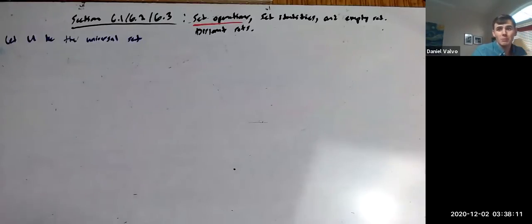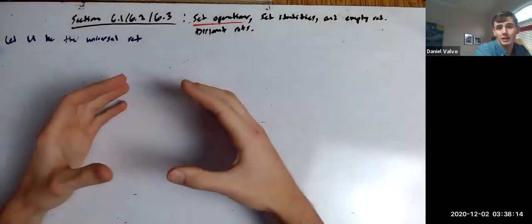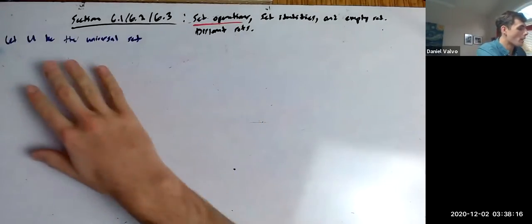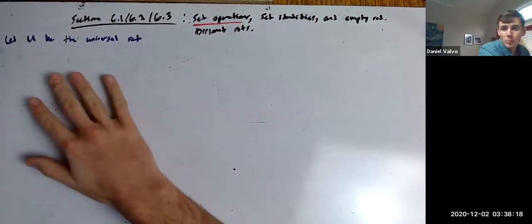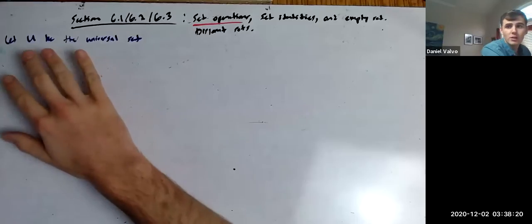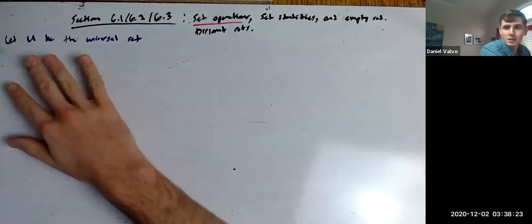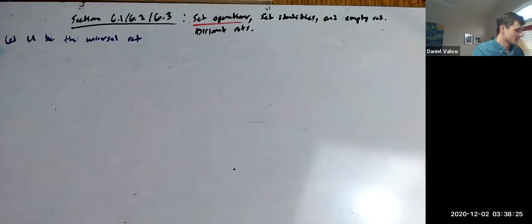Whenever we're working on a problem, we have to pick a universal set to be the context of our problem. I'm just going to call it U. But if we're doing a real problem with real things, we would say U is the real numbers, U is the complex numbers, U is a set of matrices, or whatever the context is.